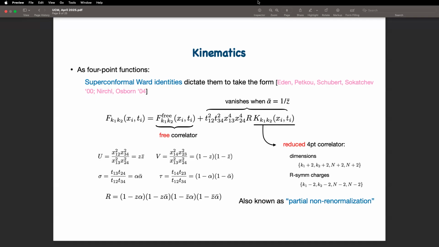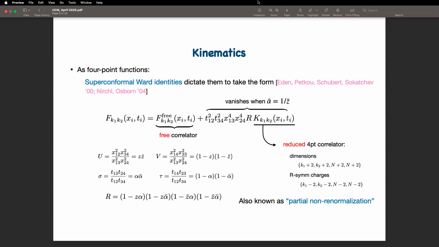It is a combination of the conformal cross ratios defined here and R-symmetry cross ratios. This form of the result in the literature is known as the partial non-renormalization theorem. The reason people call it partial is because it's not truly non-renormalized. You don't only have the free theory result, it actually depends on the coupling.